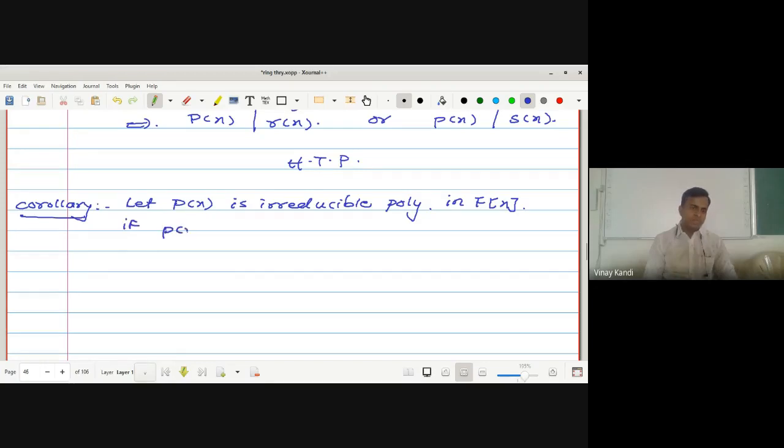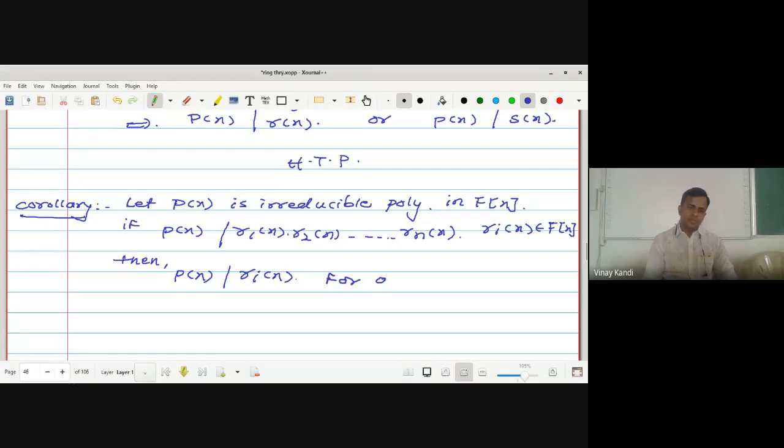If that p of x divides r1 of x into r2 of x up to so on rn of x, that is all ri of x belong to capital F of x, that thing of polynomial, then that p of x divides ri of x for at least one i. ओके, असंच एक्सटेन्शन केलेलं आहे. इथं 2 घेतले होते, इथं n घेतले. ओके, दिस इज द कोरोलरी.